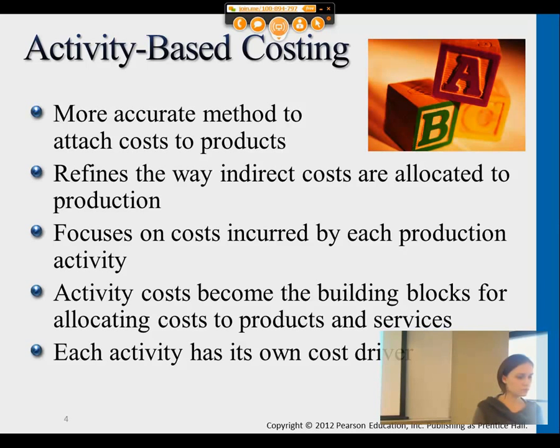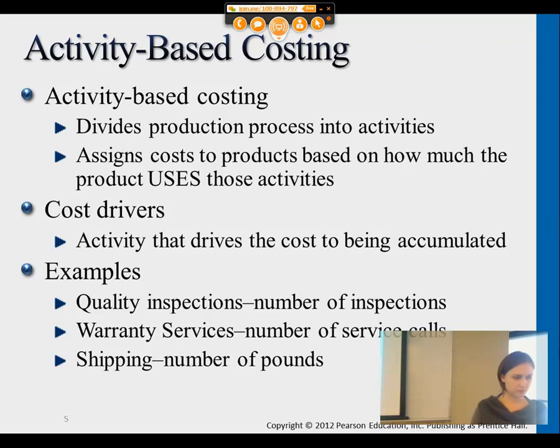Okay, so let's look. So what we have here, we have activity-based costing that will divide our production into certain activities, okay? So each process is going to be subdivided.